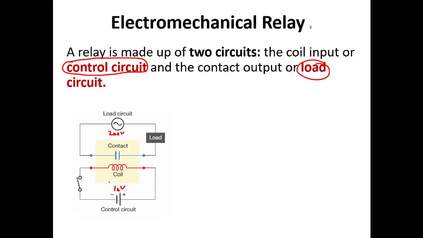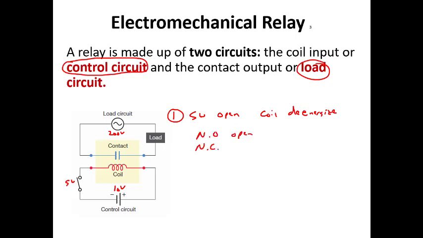And so when we close the switch, this is our switch here, just like we had before. With the switch open, the coil is de-energized. This would be our state 1. The normally open contacts are open.